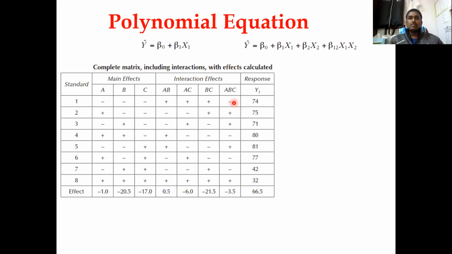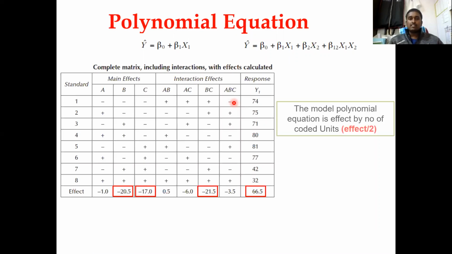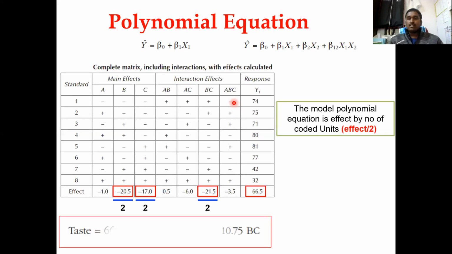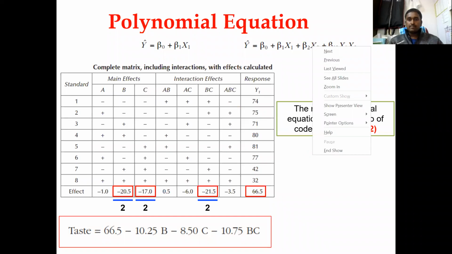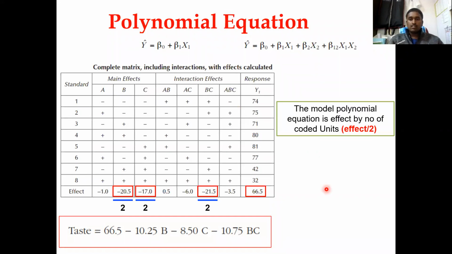Basically, the polynomial equation tells us how the response Y is influenced by the factors, and by how many times. For our understanding, I'll plot a graph here. Let us say I have a graph.